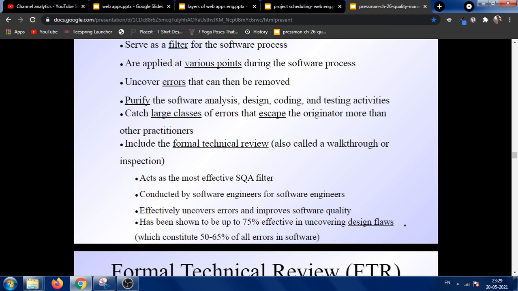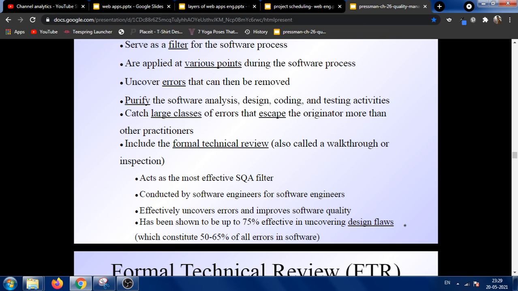They can also find a large class of errors and show how to come out of those errors. The formal technical review helps to have a walkthrough or inspection of the work done so far. It acts as the most effective SQA filter, conducted by the software engineers for the software engineers.